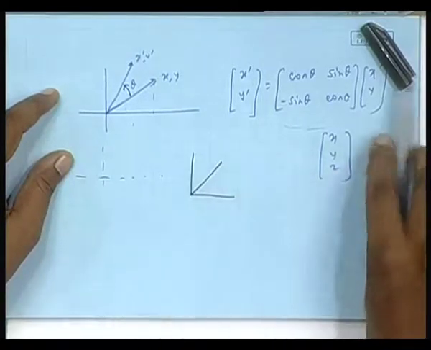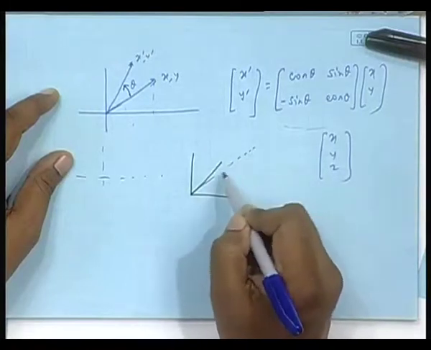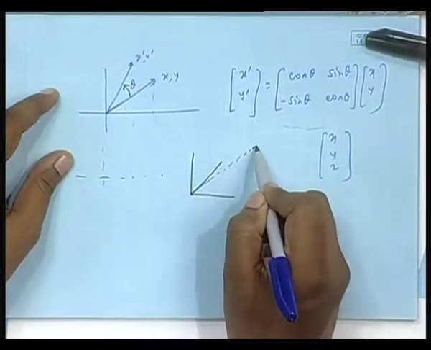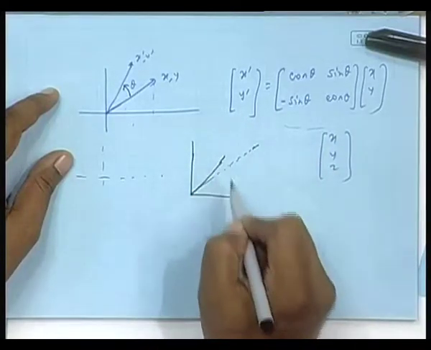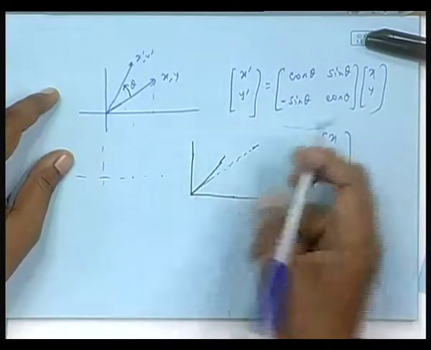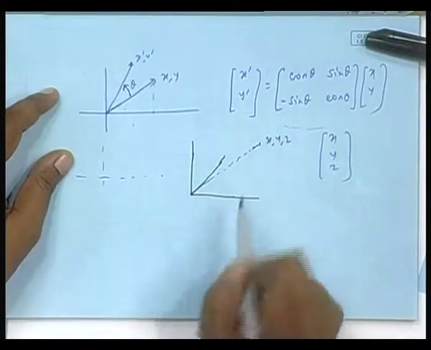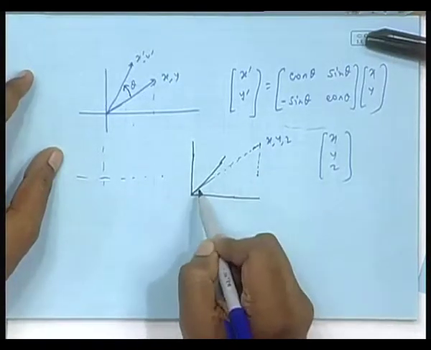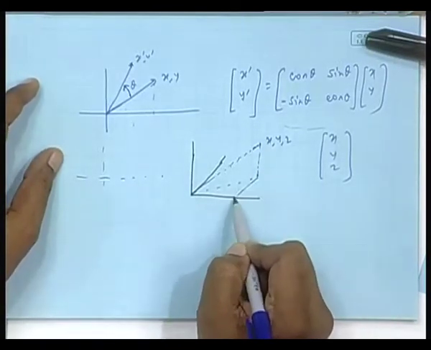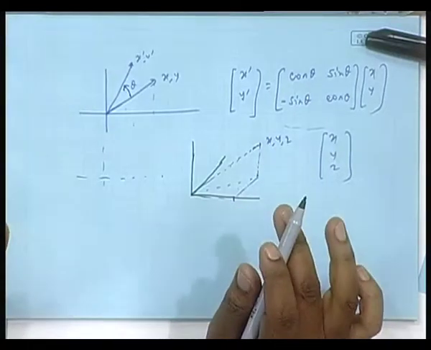There are 3 axes and there is one vector given. I do not draw these diagrams very nicely, that is my problem. Suppose it is given x, y, z. You project it here, this much is x, this much is y, this much is z.